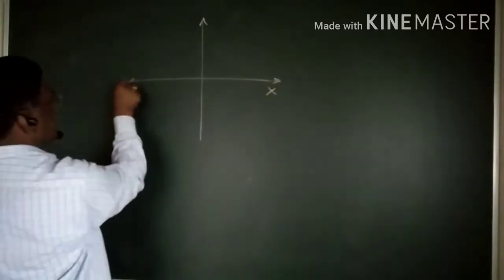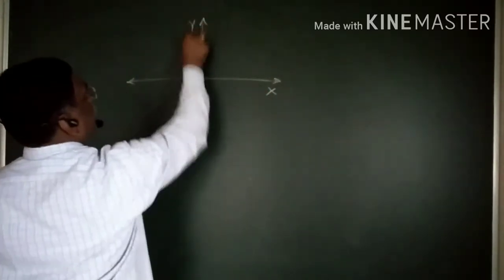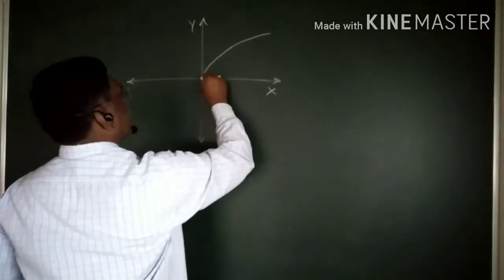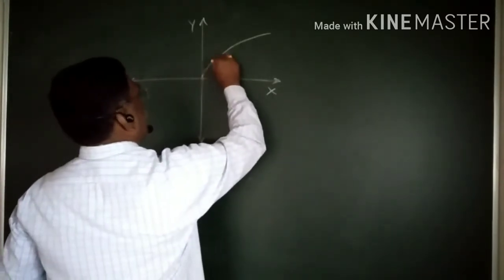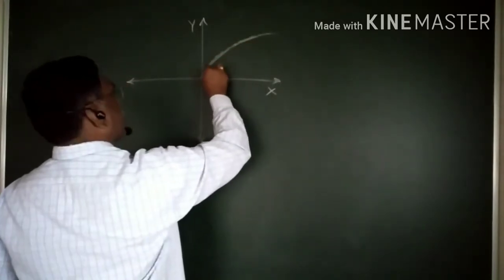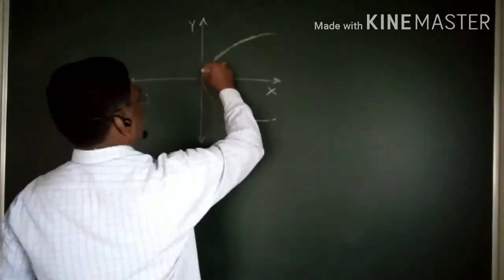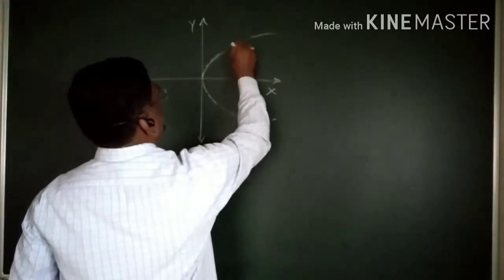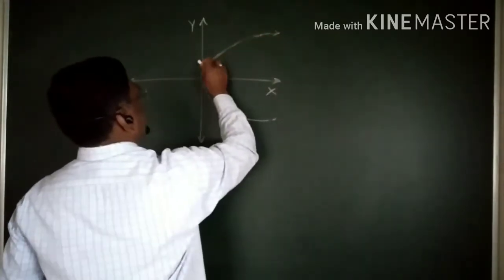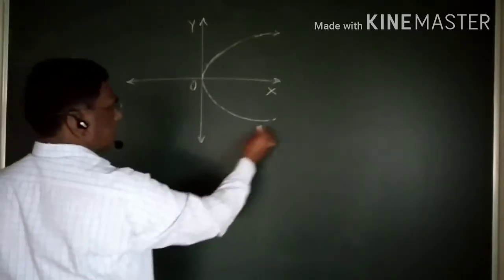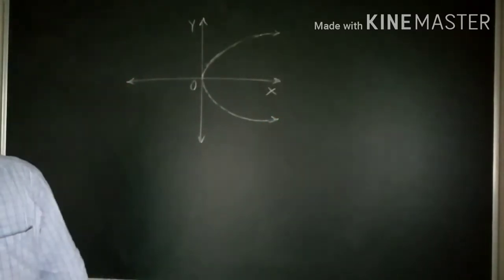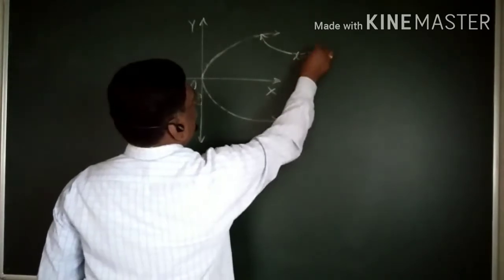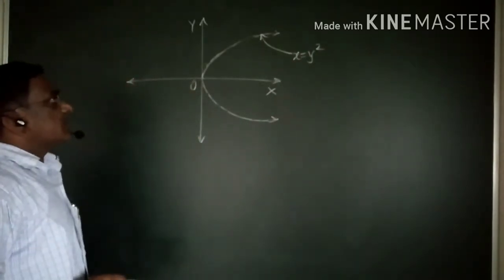This is the x-axis, this is the y-axis, this is the origin. The curve x is equal to y square, or y square is equal to x, is a parabola whose sketch is this one. This is the origin, and this is the parabola.